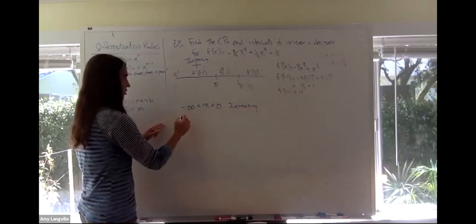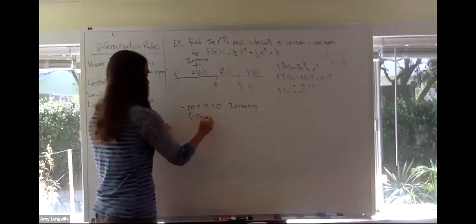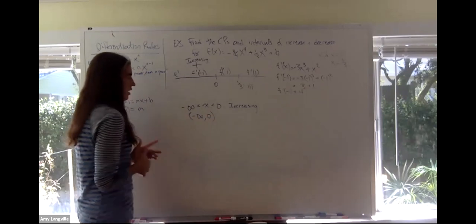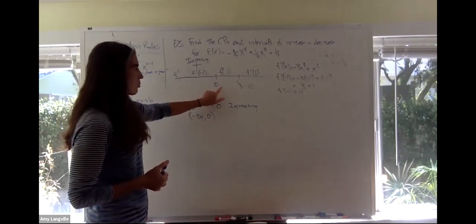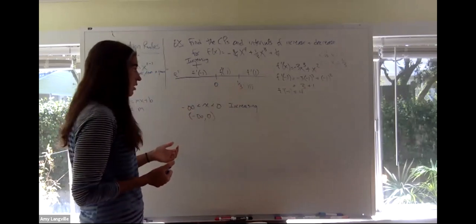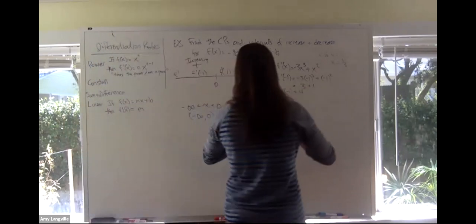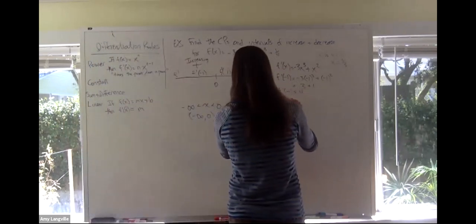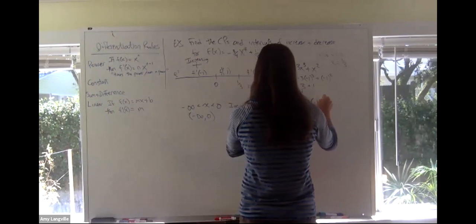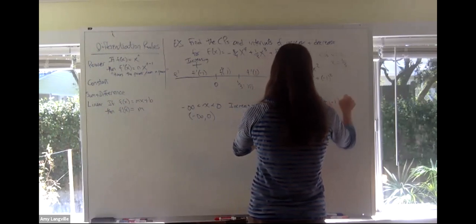And sometimes this is also written this way, in interval notation, minus infinity to 0. And then we're going to do the same thing with our test point to figure out between 0 and 1/3: is it increasing or decreasing? We're going to do that by plugging in, we decided 0.1. So now I need to figure out the derivative at 0.1. That's going to be negative 3 times 0.1 cubed plus 0.1 squared.